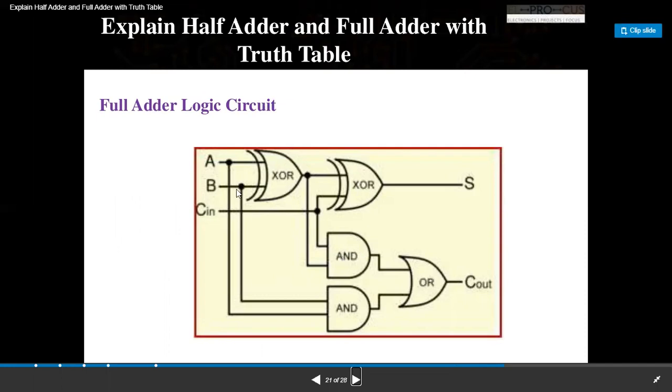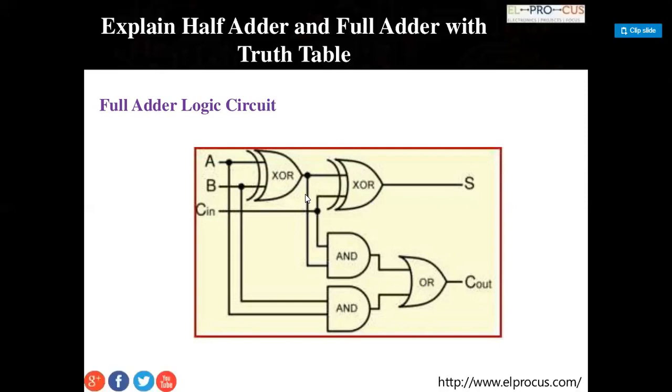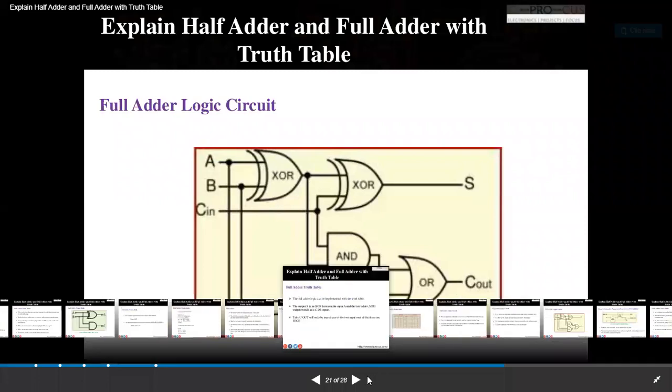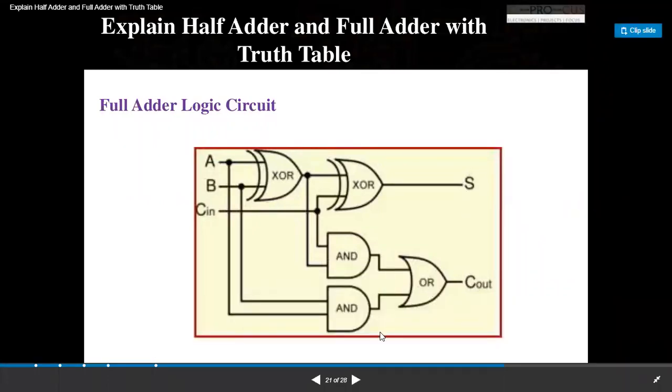We should also remember how many XOR gates, OR gates and AND gates are available in the full adder. In the full adder circuit, we use 2 XOR gates, 2 AND gates, and 1 OR gate to implement the sum and carry out.